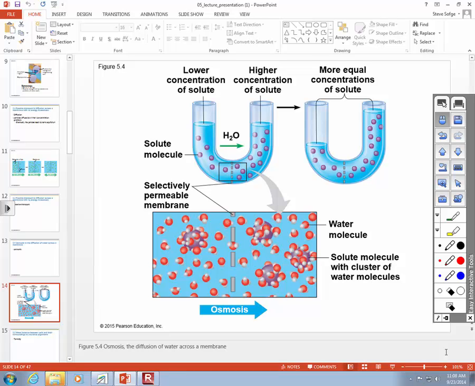Okay, so what's happening here now? These little purple spheres that they have inside this U-shaped tube, they cannot move through the membrane. They're not going to move.